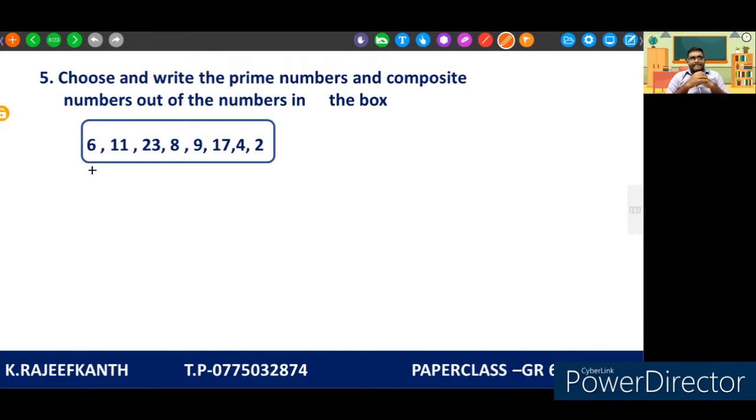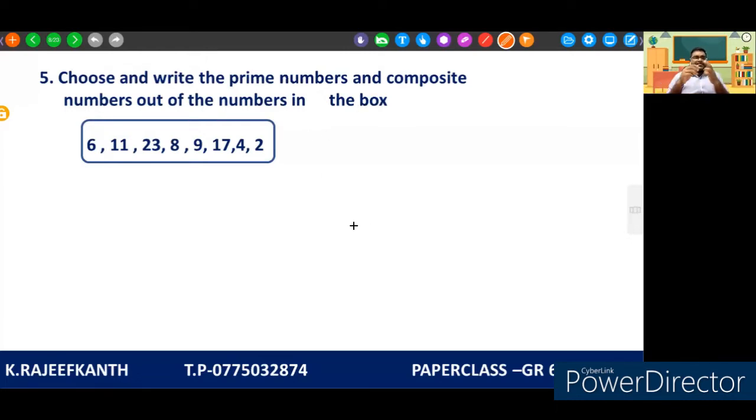Here they have given 8 numbers. You have to choose the numbers from that box. Have you all finished?